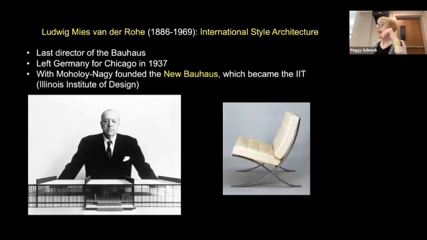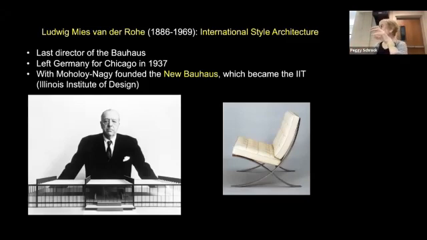There was already an ITT, Illinois Institute of Technology, that had been there since the 1890s, I think. And it was primarily like an engineering school. But when Mies and Moholy got there, they formed a second part of the IIT, and it was called the Institute of Design.